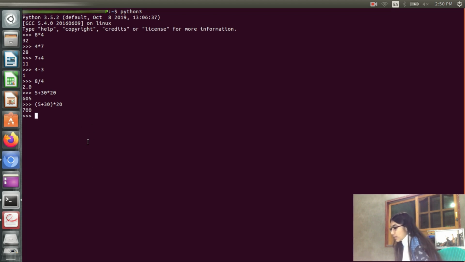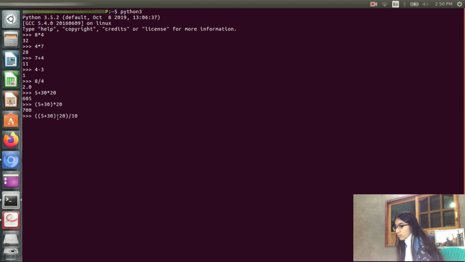One more thing is that you can also add more than one parenthesis, like parentheses inside parentheses. I'm giving you an example over here. Here are two parentheses. I will write 5 plus 30 in brackets, then into 20 and divided by 10. So what will Python do?